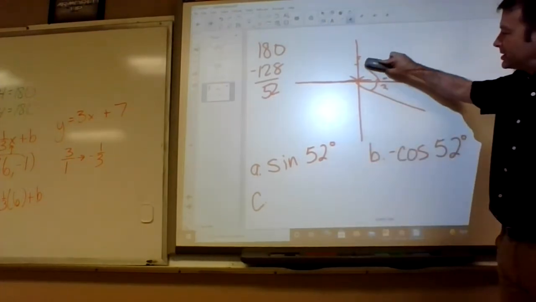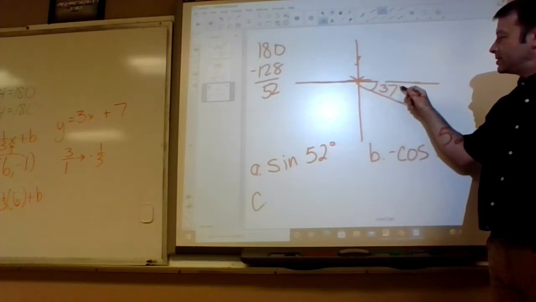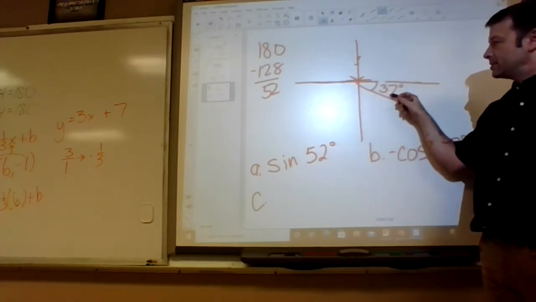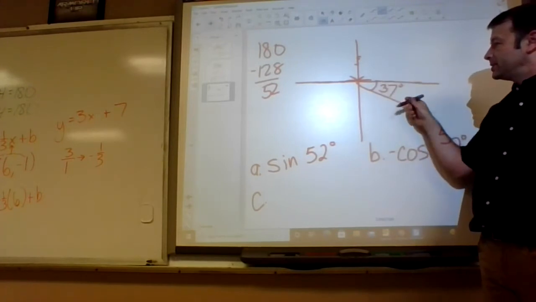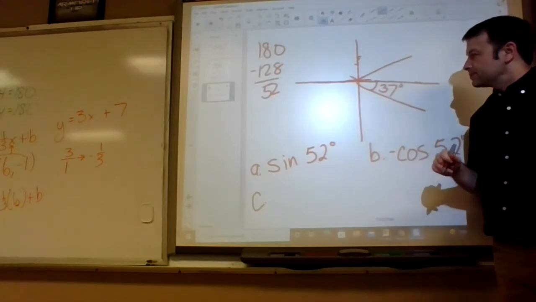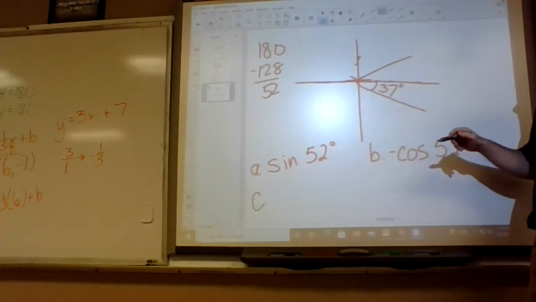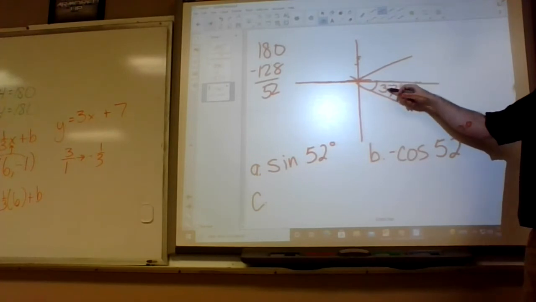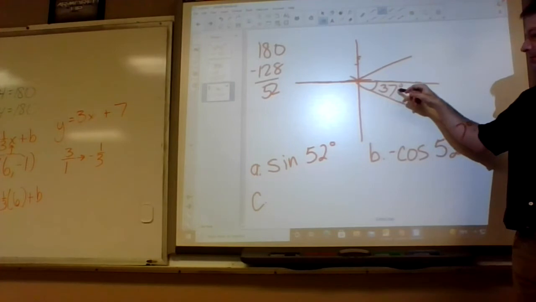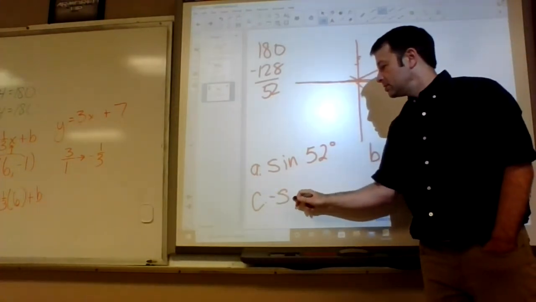This gap right here is the reference angle, and on this one it is 37 degrees. If you're going backwards 37, that would basically be the reference angle. So sine 37. Are we doing sine or cosine? Sine. Is sine positive or negative down here? Negative. So the answer is negative.